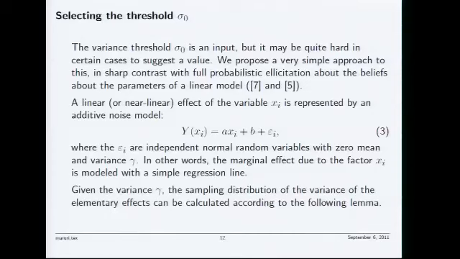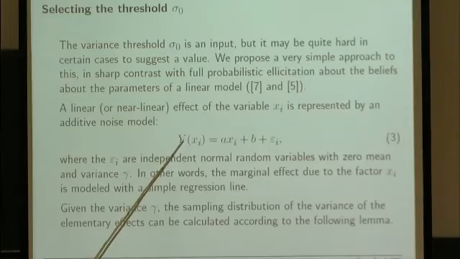So just consider, just for this slide and half of the next slide, that we are working with a univariate simulator. There is only one input variable. So the linear or near linear effect is modeled by this regression, where the epsilon i's are independent normal random variables with zero mean and variance gamma.